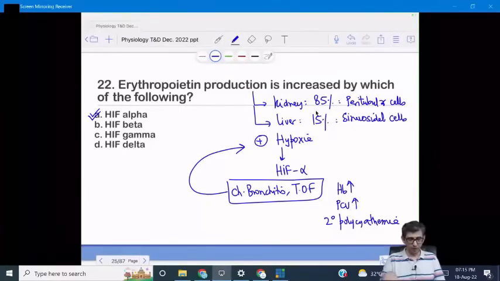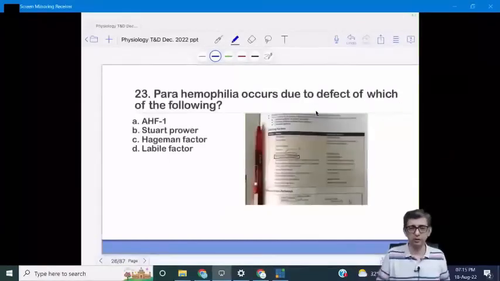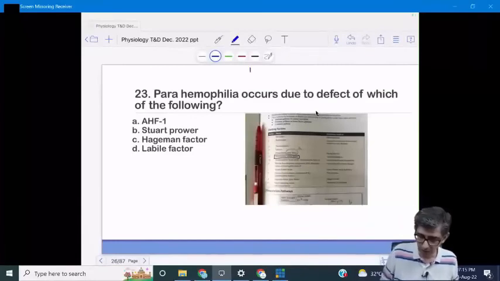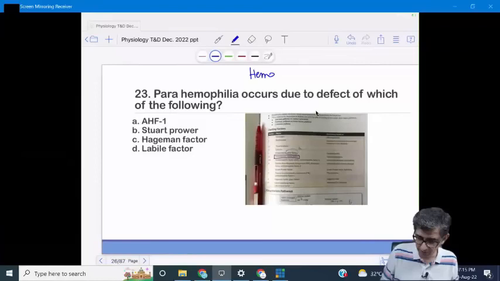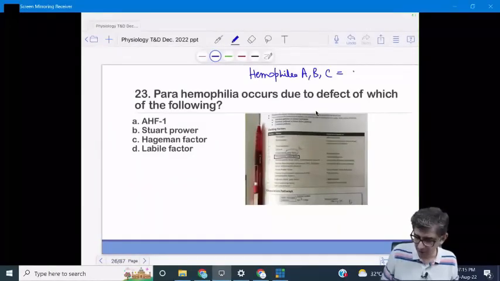Okay, 22 is sorted. We come to 23. Parahemophilia occurs due to defect of which of the following? So एक तो hemophilia A, B, C होते हैं, which would be related to defect of factor 8, factor 9 and factor 11 का deficiency.